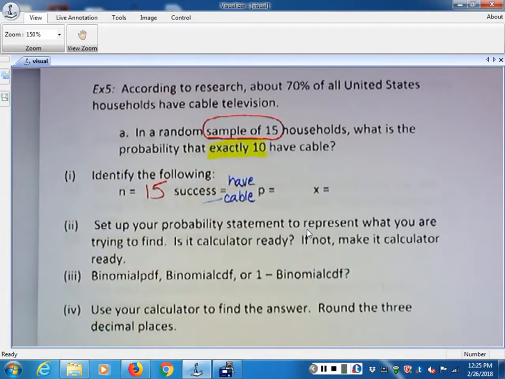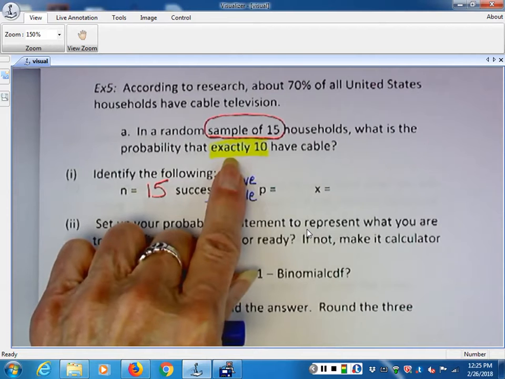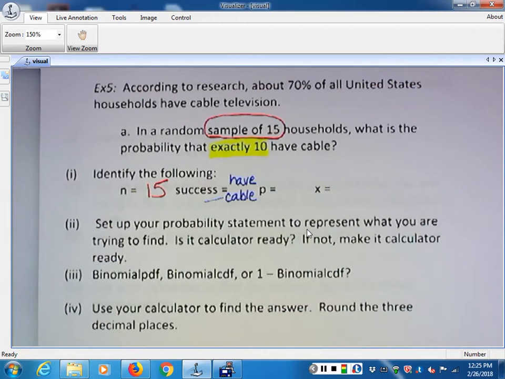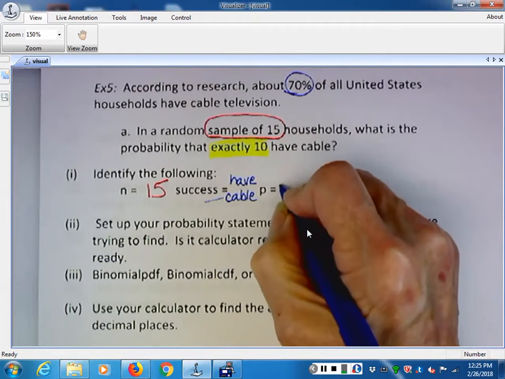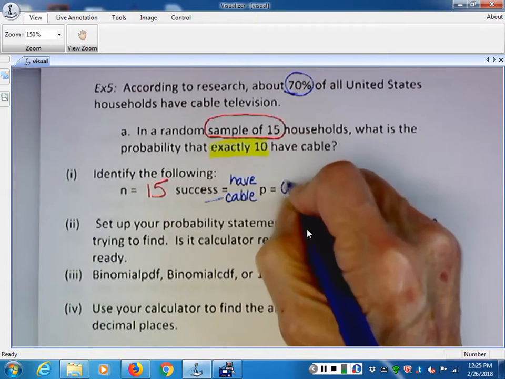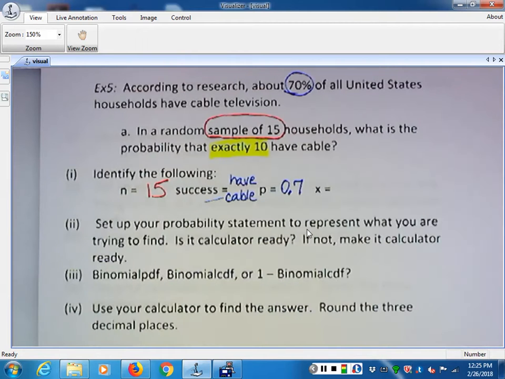This tells us that we're interested in 10 successes, so you're right about that. What is the probability that they have cable? 70%. And we're going to change that to 0.7 because we have to use it as a decimal.